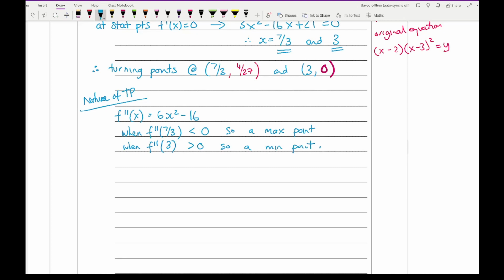I don't know why I wrote a point of inflection there, so let's get rid of that. So 7 over 3, 4 over 27 is a maximum point, and 3, 0 is a minimum point. Yeah, apologies about the confusion there.